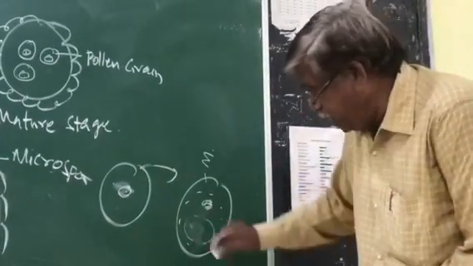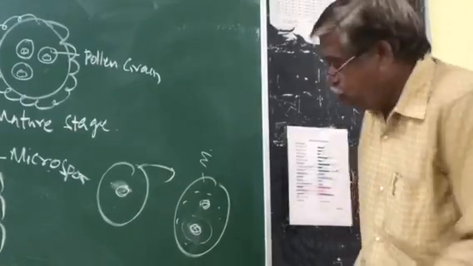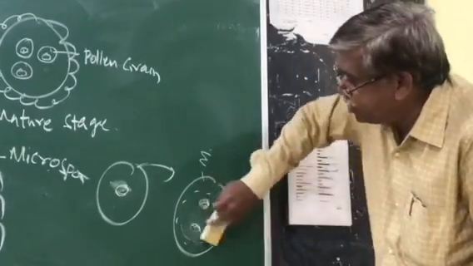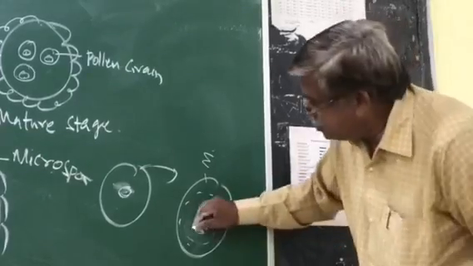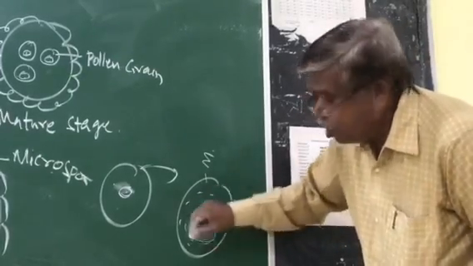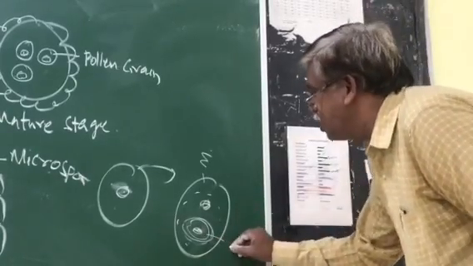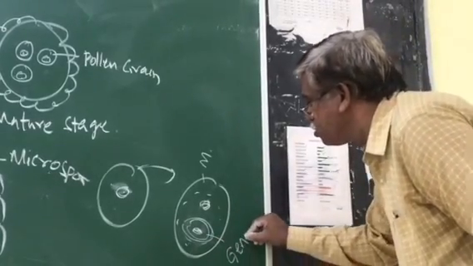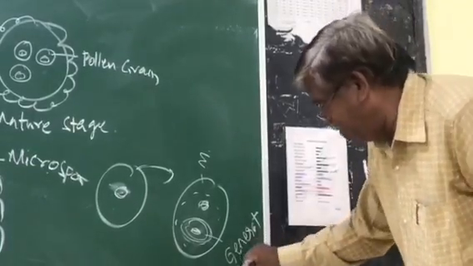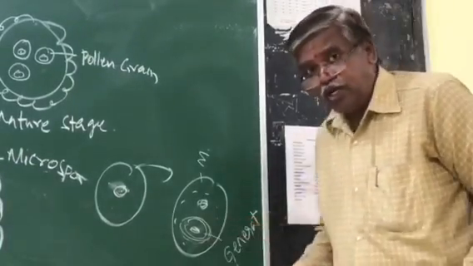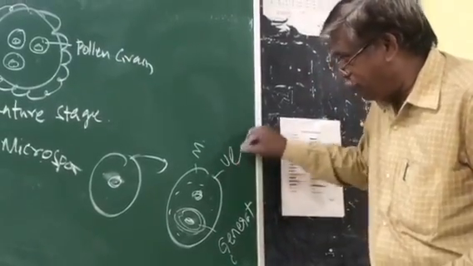Hence, how many nuclei? Binucleated. After the formation of two nuclei, one nucleus develops a cell membrane and cell wall and becomes a cell. This cell is called the generative cell. Now the generative cell is floating in the cytoplasm of the vegetative cell.